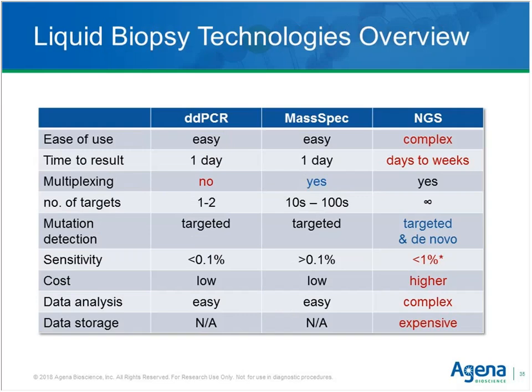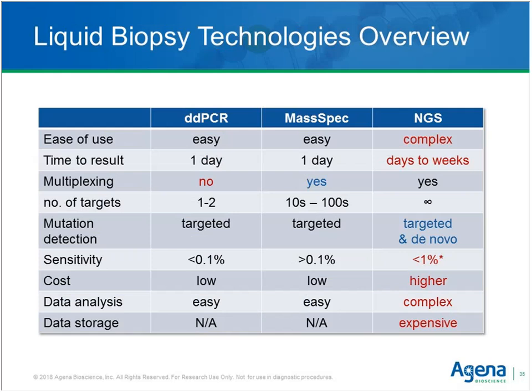So I promised everyone a little bit of a technology overview on what technologies are commonly used for performing liquid biopsy testing. This is certainly not exhaustive, and it is probably also simplifying things a little bit, because under each column there's a number of providers, and I don't want to be too detailed here, just to give an idea.